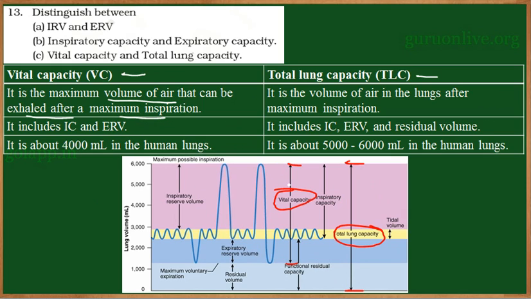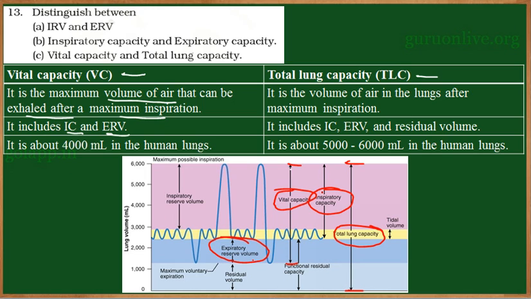So after maximum inspiration, when we take a forceful breath inside, the amount of air which is given out becomes the vital capacity. It includes IC, that is inspiratory capacity, and ERV, expiratory reserve volume. So this blue and this.